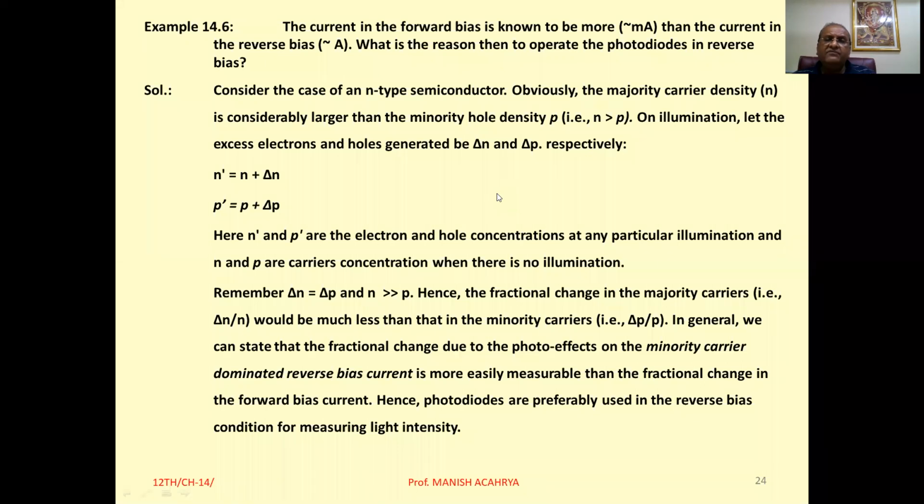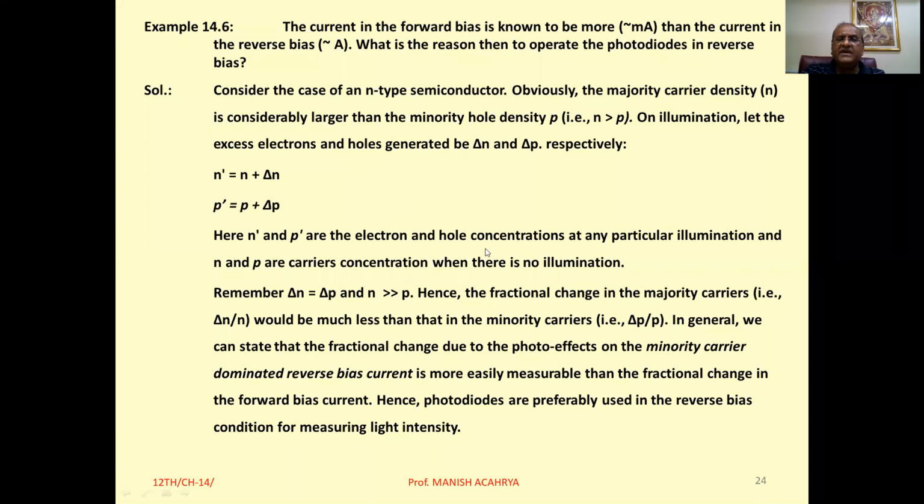Now here, if we illuminate it by light, then what happens here? Suppose excess electrons and holes are generated, and that is delta N and delta P respectively. So now the new number density, or we can say number of electrons, is N plus delta N, and the new number of holes is P plus delta P. Okay.